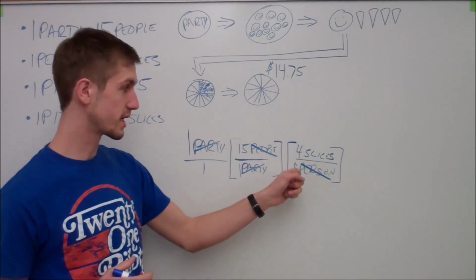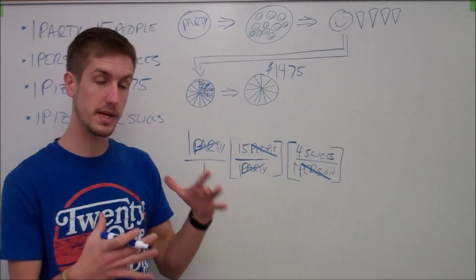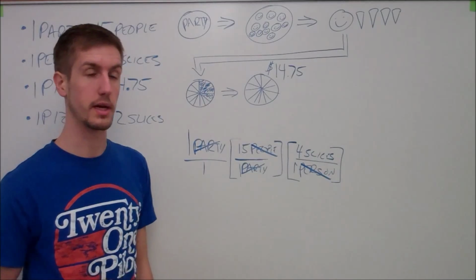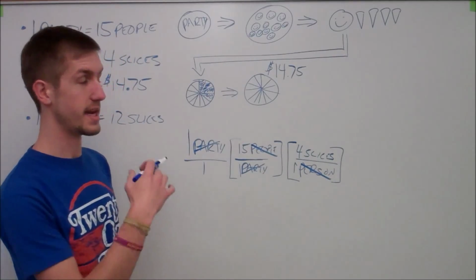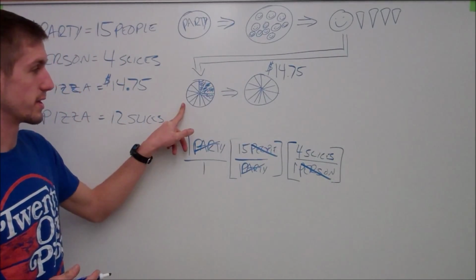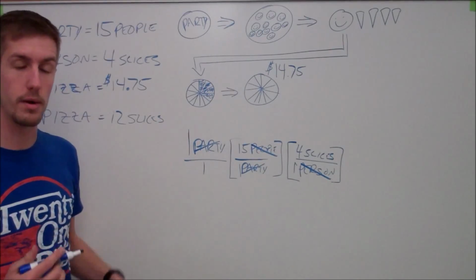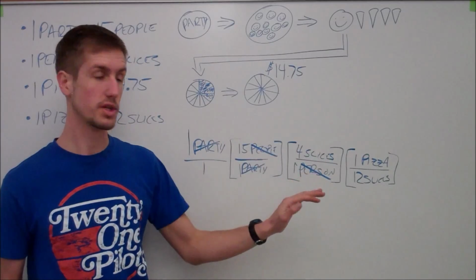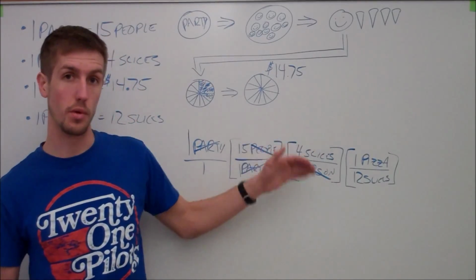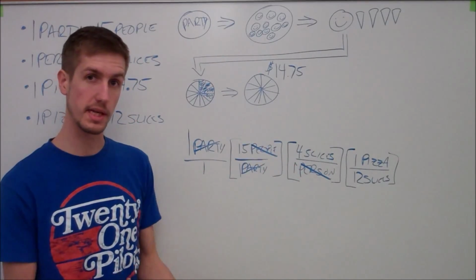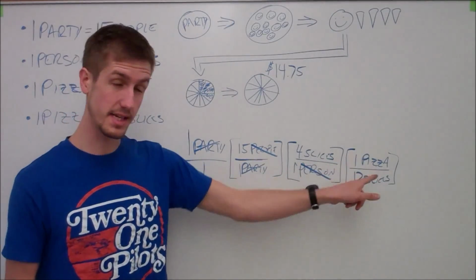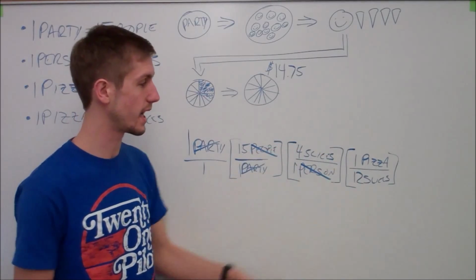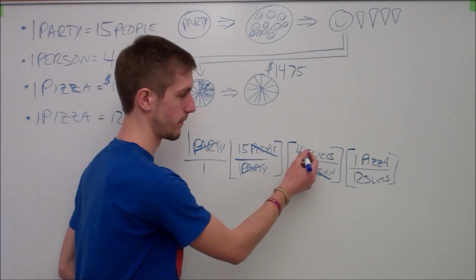If I know each person is going to eat 4 slices, I need to find out how many pizzas will satisfy all of my company. So then the next spot is going to be this equivalence, where I know there are 12 slices in one pizza. Now, again, we're going to be getting slices out, so I need to remove slices. So in order for me to remove the number of slices and get the number of pizzas that I need, I'm going to put slices on the bottom. They're on opposite sides, so I can cancel them out.